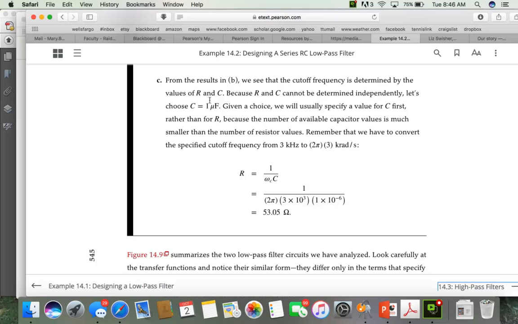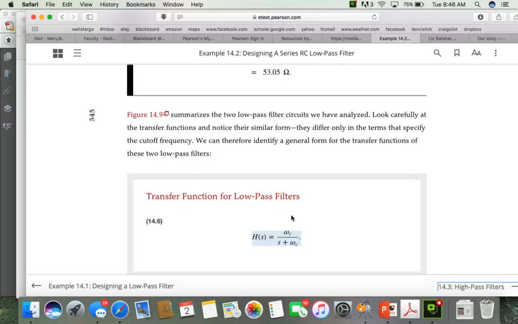And then we could choose a capacitor with a normal value of about 1 microfarad. So choosing 1 microfarad and plugging in our frequency, rearranging our equation so that we can solve for R, we find that we can design a 3 kilohertz low-pass filter by choosing a resistor value of 53 ohms.